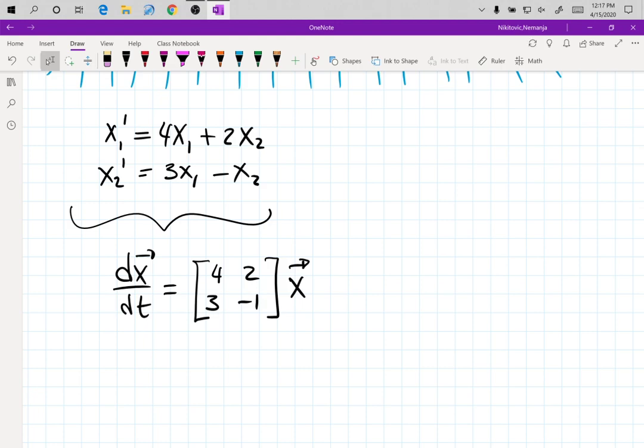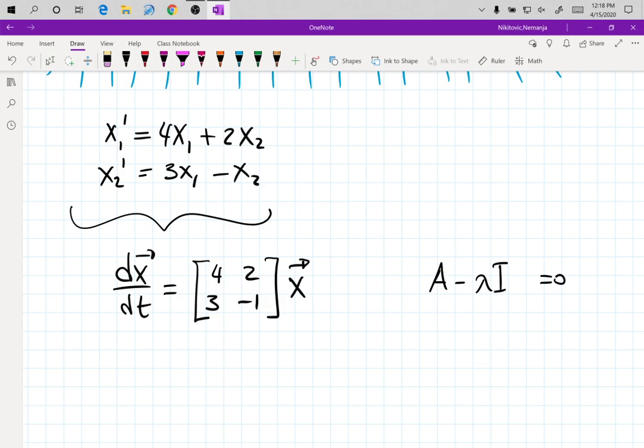Now I need to calculate eigenvalues first, then I calculate eigenvectors, and then we are done. So remember the way to calculate eigenvalues. To calculate eigenvalues, we are using A minus lambda I equal to 0.